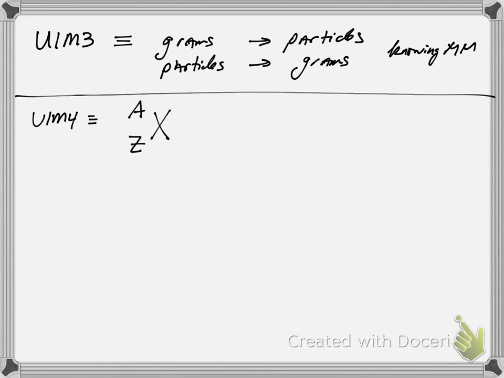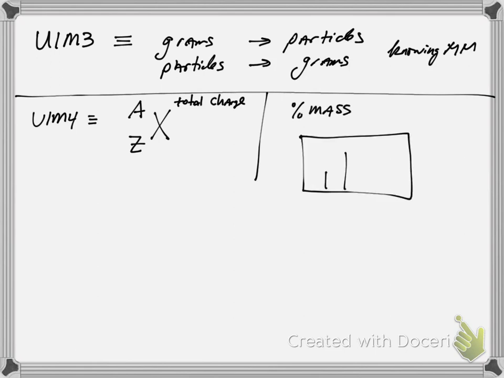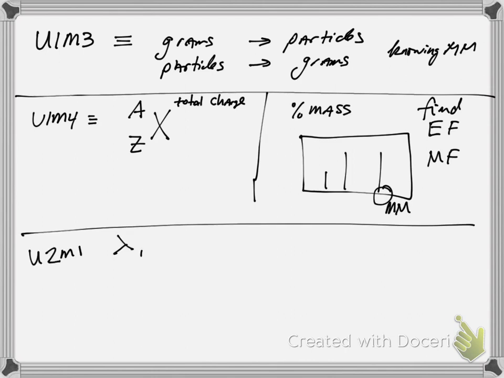Unit 1, Module 4, we saw a couple of different questions: one involving navigating the atomic representation, total mass, number of protons, total charge, and percent mass given the percent mass of different elements, and given a mass spectrum, the question asked to find the empirical formula and the molecular formula based on that work. And then the final set of problems involved wavelength, frequency, energy, joules per photon, and energy in kilojoules per mole of photons.